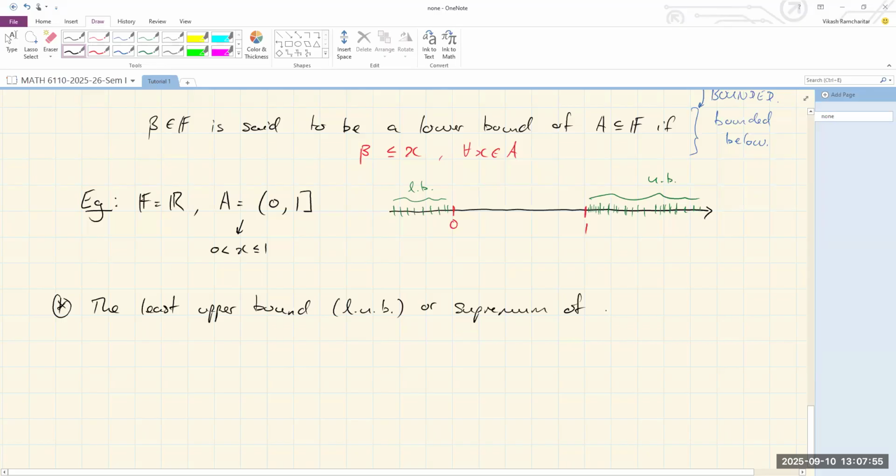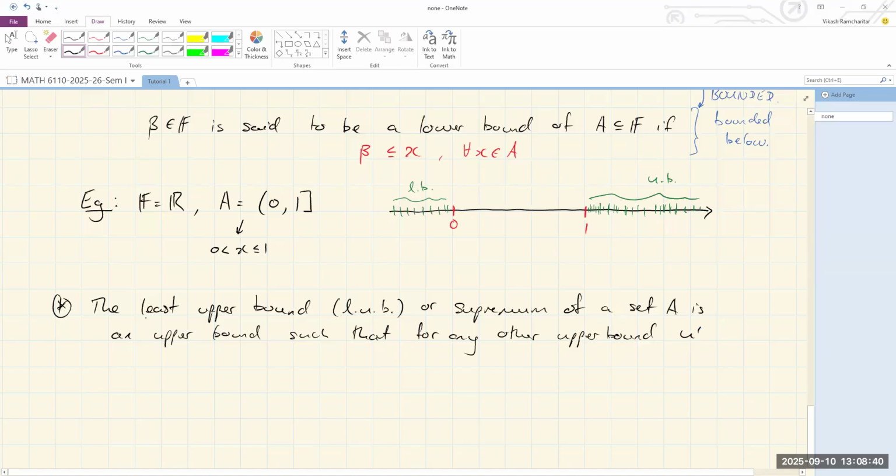The supremum of a set A is an upper bound, so in order for it to be the least upper bound, it must first be an upper bound, such that for any other upper bound, let's say U prime.